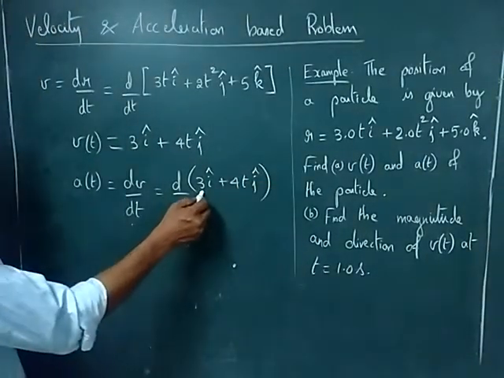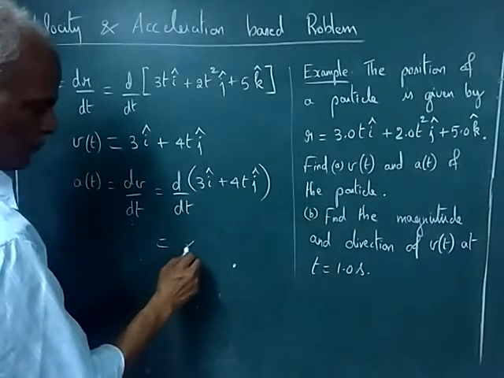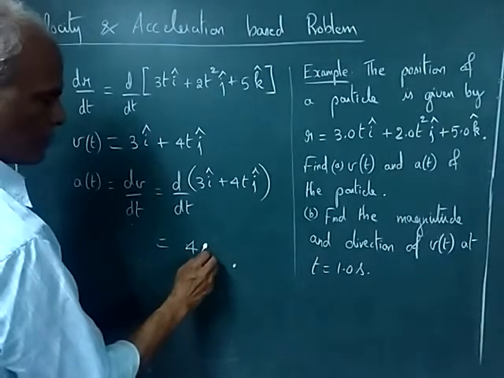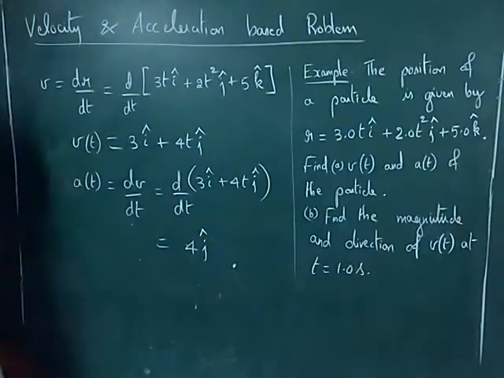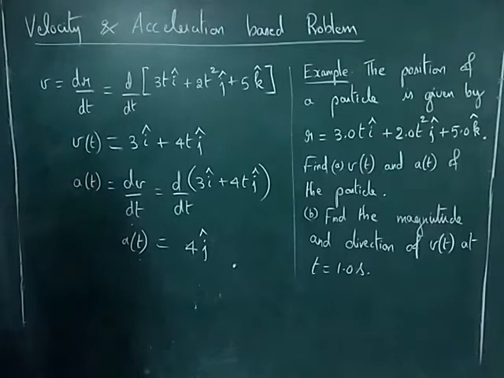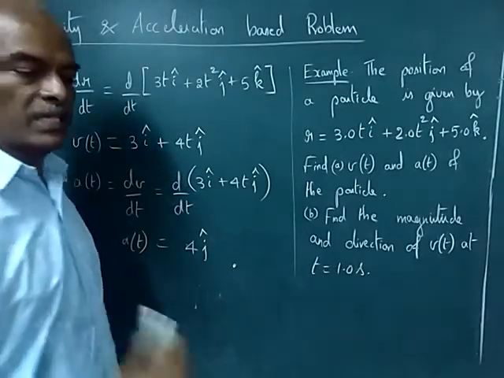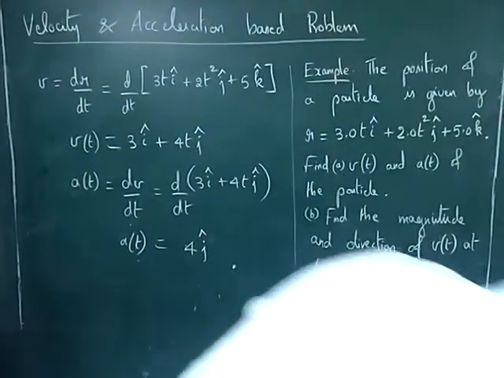So if you differentiate a constant, it is 0, plus differentiation of 4t is 4 j cap. That is, the acceleration is a constant acceleration because it is 4 and it is directed towards j.